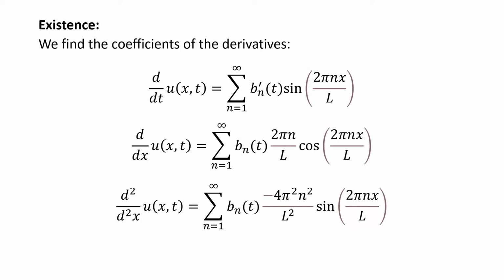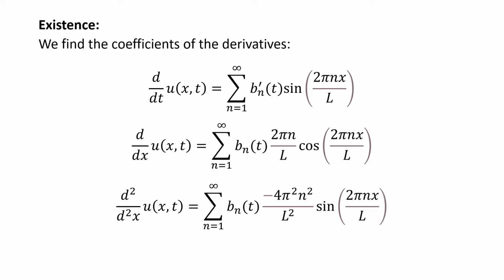It's the infinite sum starting at n equal 1 up to infinity of b prime n of t times the sine of 2 pi n x over L. How did we get there? Well, since we take the derivative of u in time, we just distribute the derivative over all the summands in the Fourier series. And then we notice the Fourier modes, the sine terms, do not depend on t, they only depend on x.